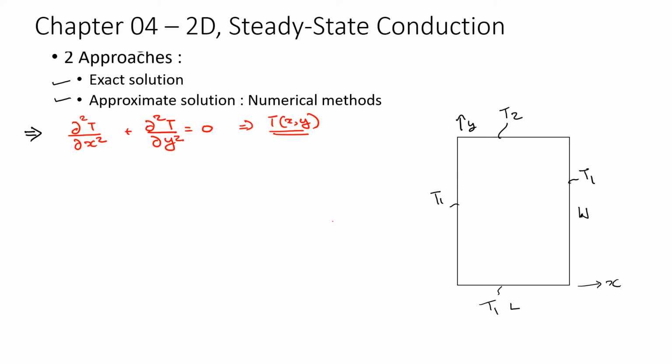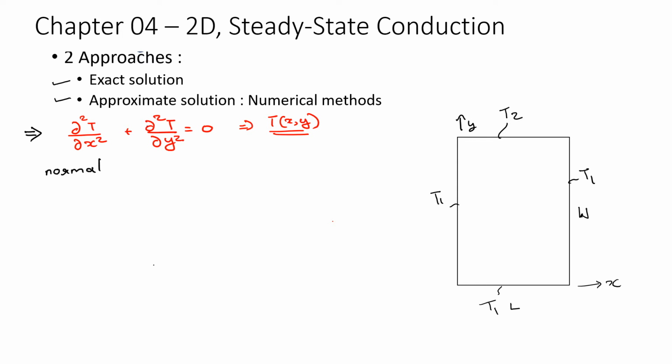So moving on to our heat diffusion equation, what we do is transform the variable T into a normalized variable.